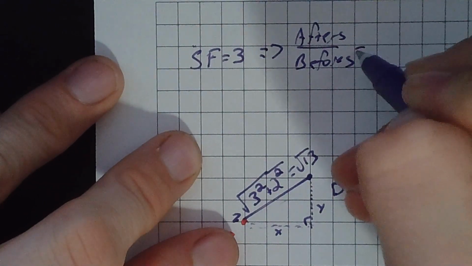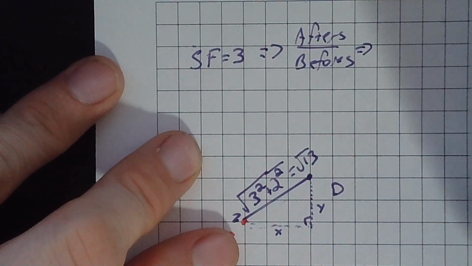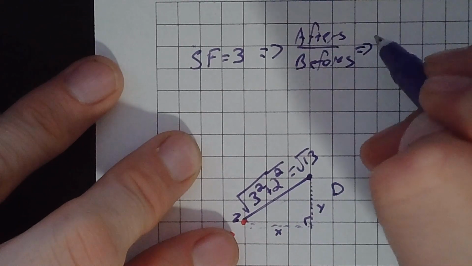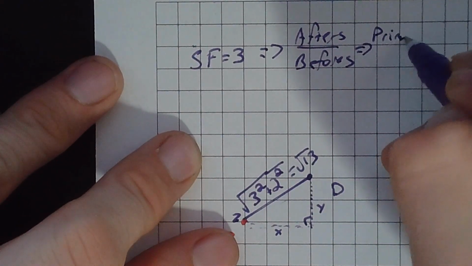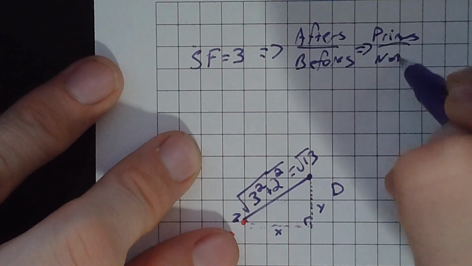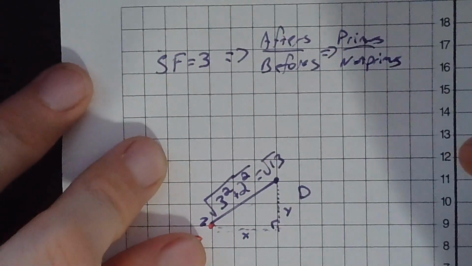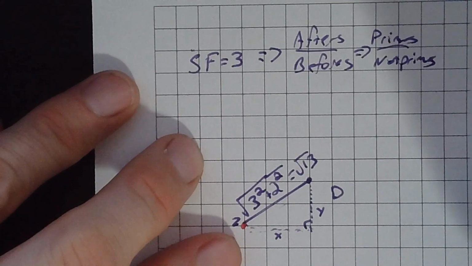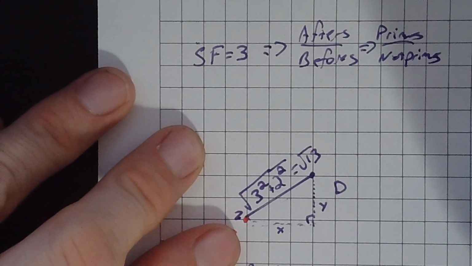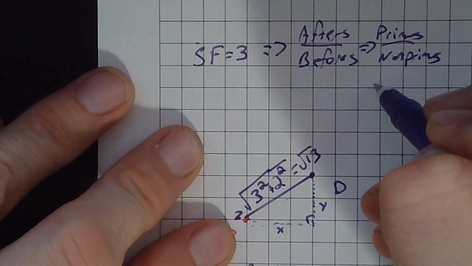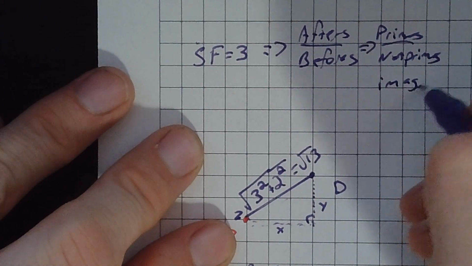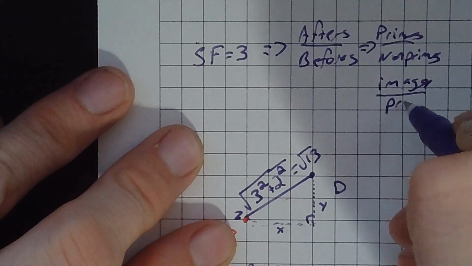So if you have points with primes and not primes, it's your primes divided by your not primes. Or if you have images and pre-images, it's your images divided by pre-images.